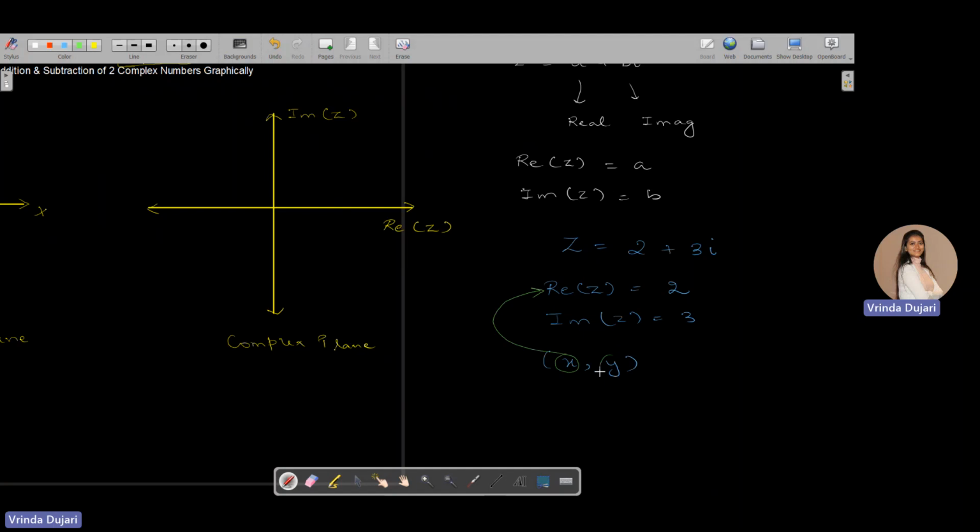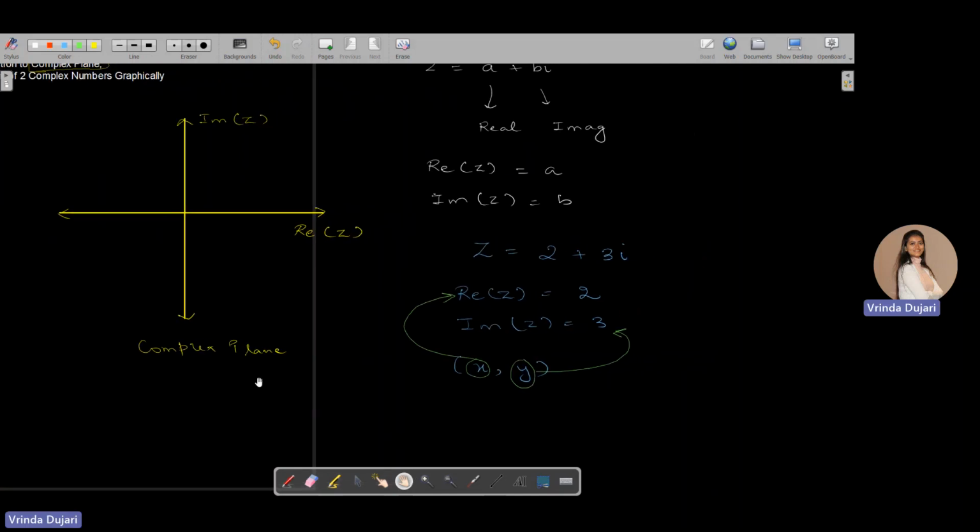I hope this is clear. Okay, so this particular complex number becomes (2, 3).